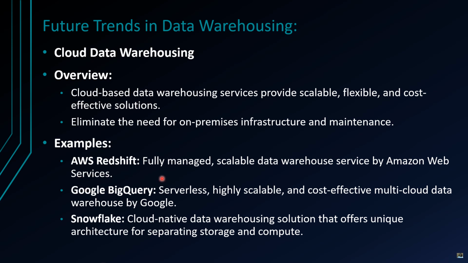AWS Redshift is a fully managed, scalable data warehouse service by Amazon Web Services. Google BigQuery is a serverless, highly scalable and cost-effective multi-cloud data warehouse by Google. Snowflake is a cloud-native data warehousing solution that offers an architecture separating storage and compute.